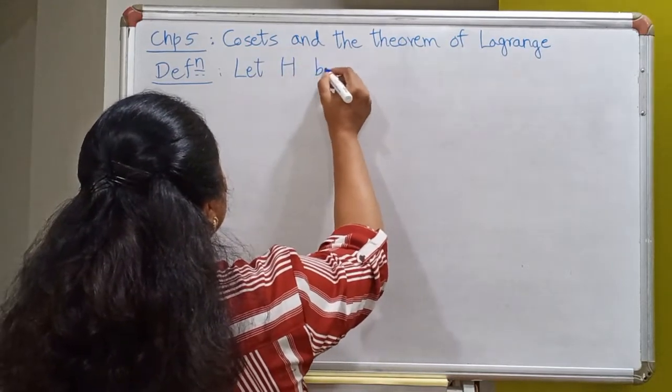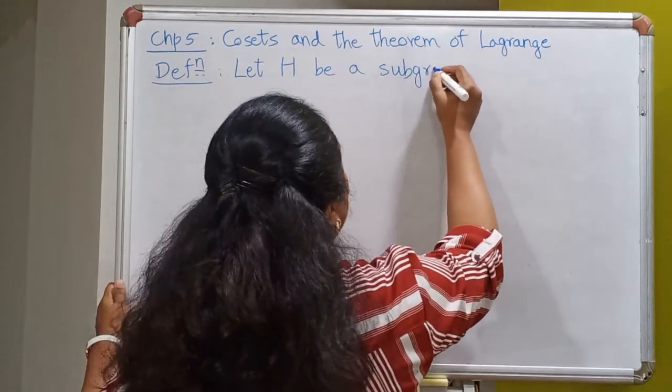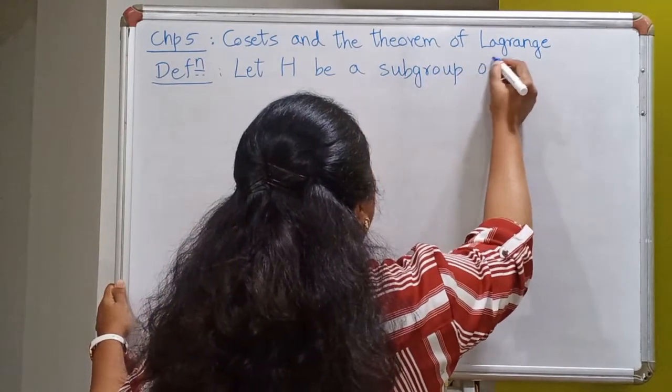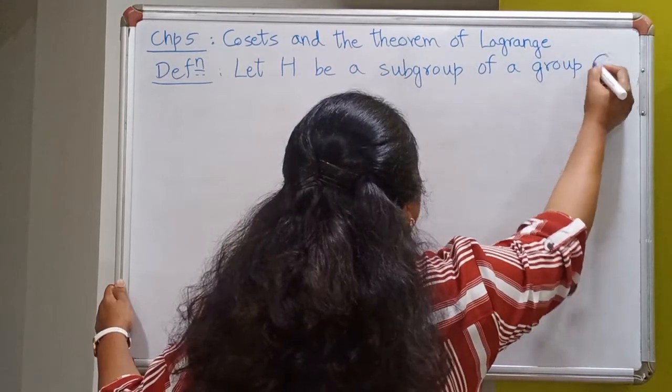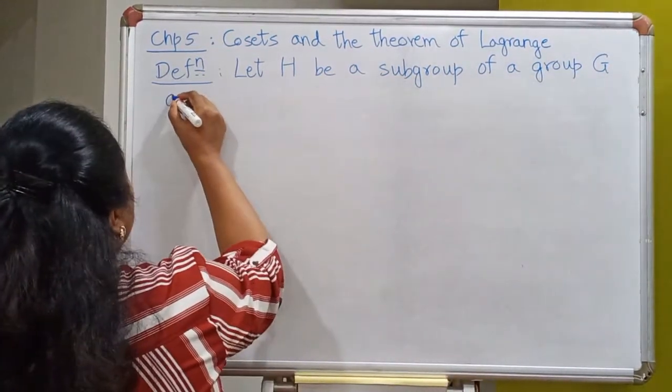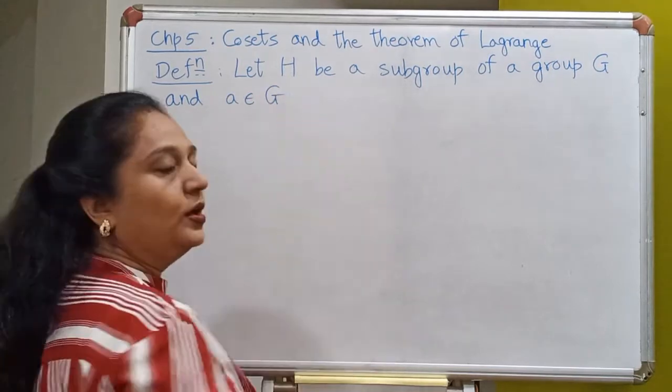Let H be a subgroup of a group G and A be an element of the group.